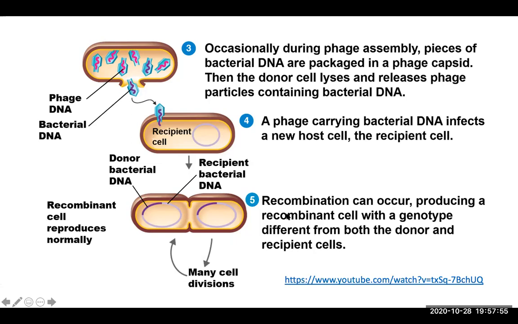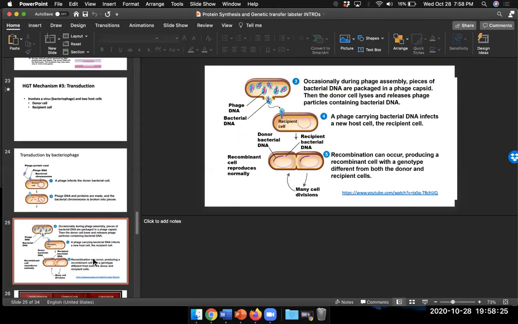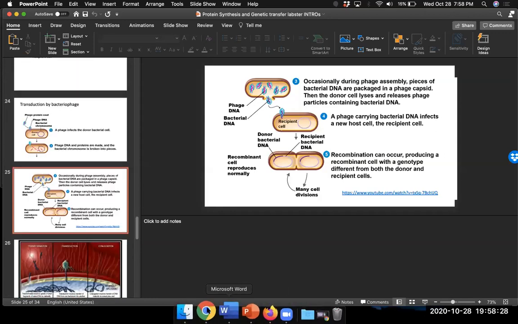So this uses a phage that accidentally takes host DNA with it to its next host, and then you get a recombination event and it becomes part of the new host's chromosome, and that will be spread to offspring through regular binary fission. Let's go ahead and watch that last animation.